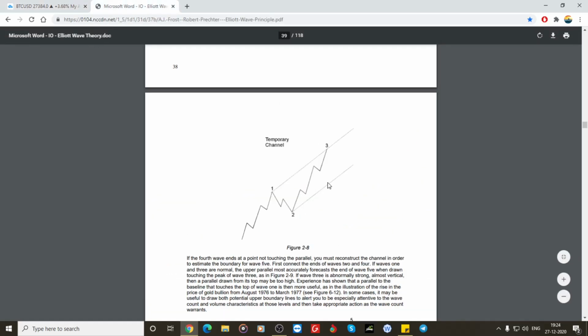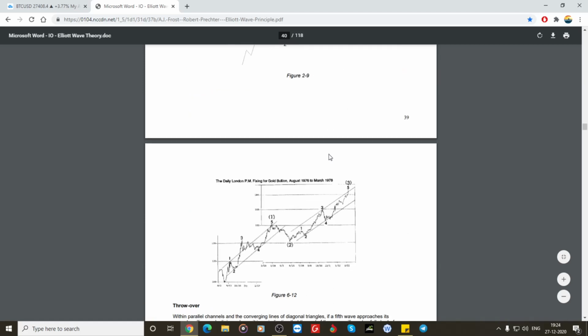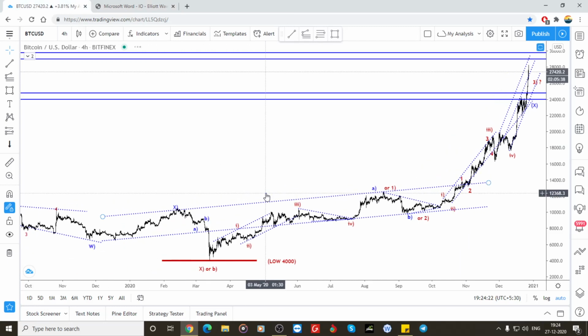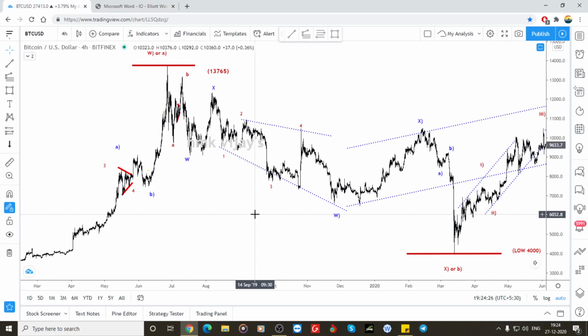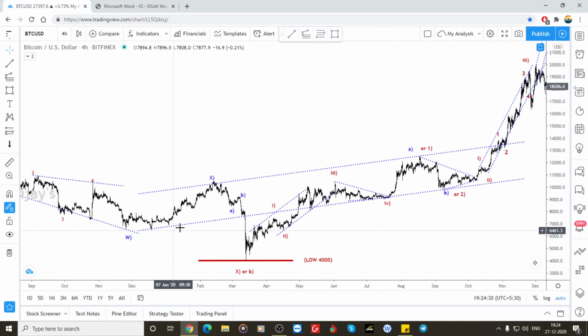So this is the temporary channel. Once it got rejected like this, we have to change here. And here also a lot of channels, wedge formations, and here it's a beautiful one, and it's already broken, retested, and again it is coming and it is shooting.